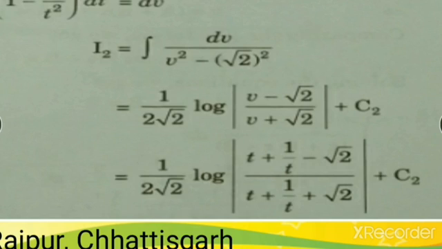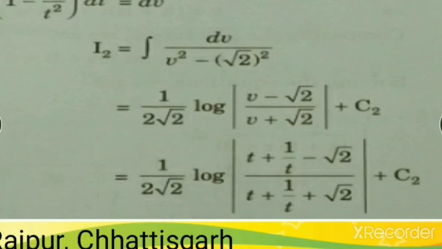On basis of this, here is equal to 1 upon 2a. 2a means 2 root 2. Value of a is root 2. 1 upon 2a, 2a means 2 root 2, log x minus root 2 upon x plus root 2, plus arbitrary constant c2.